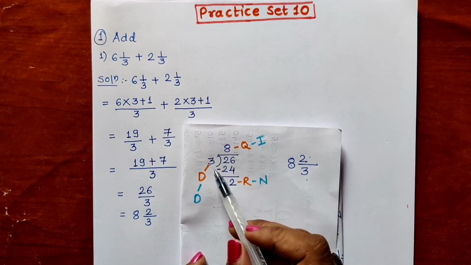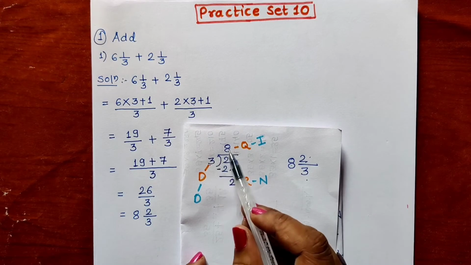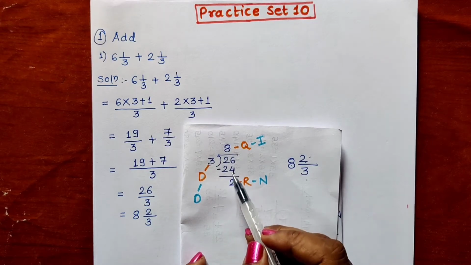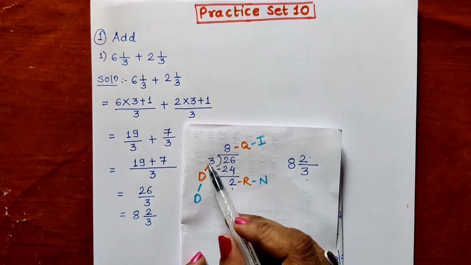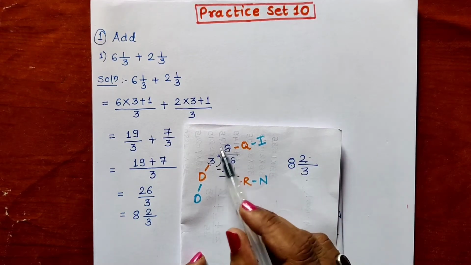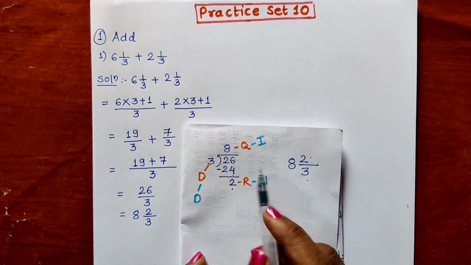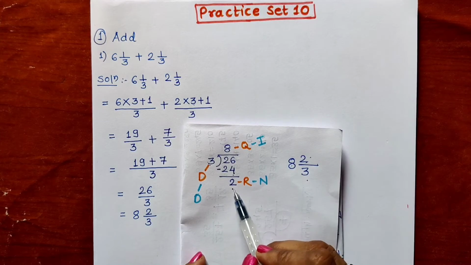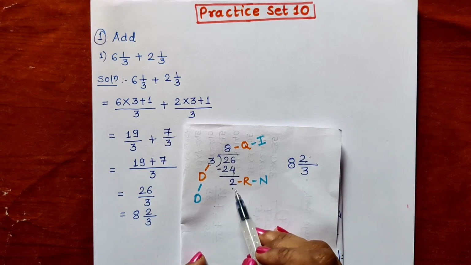We have to write 3 8s are 24. 26 minus 24, remainder is 2. 2 is smaller than 3, so we have to stop here. The division ends here, because the remainder is smaller than the divisor.